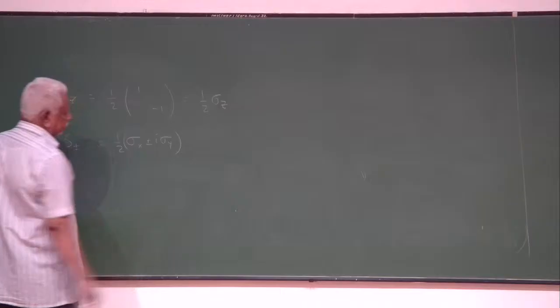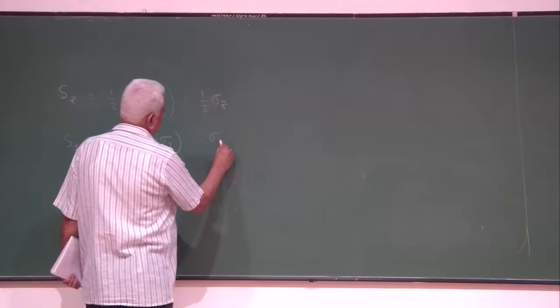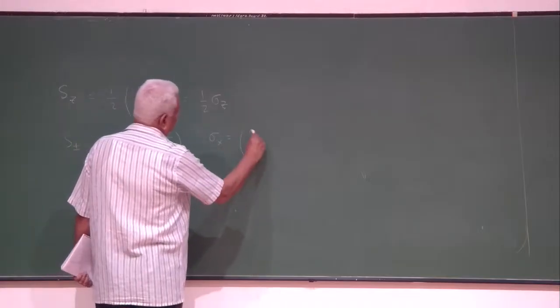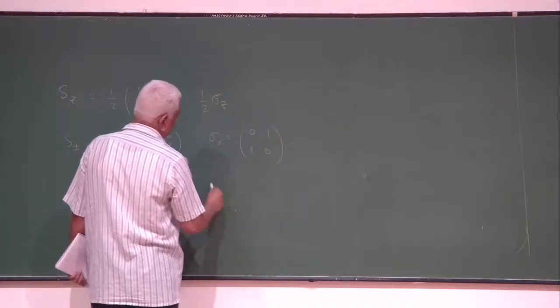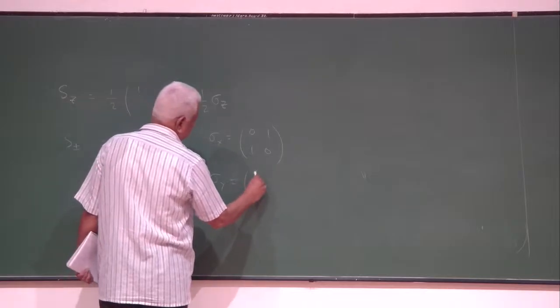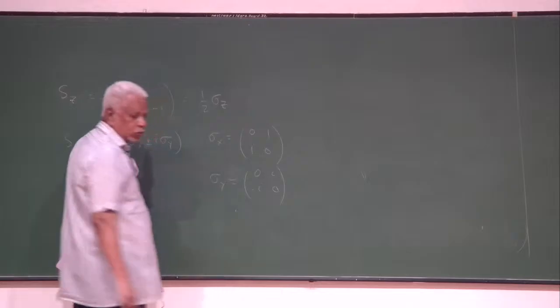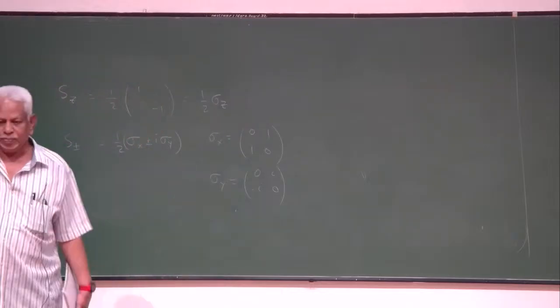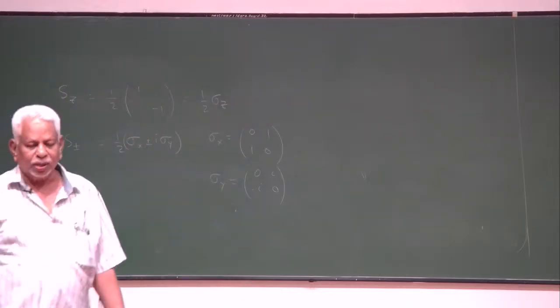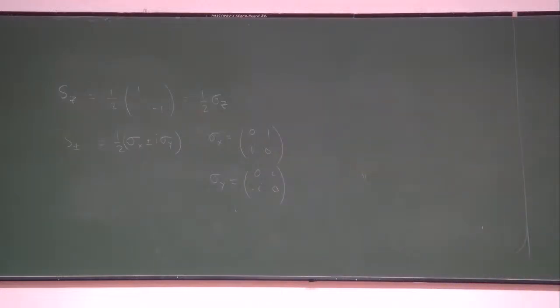Now, what is sigma x and sigma y? Sigma x is going to be 0, 1, 1, 0, and sigma y, if I am right, is going to be 0, minus i, i, 0. There might be a minus i also possible. So, that is what the three matrices, sigma x, sigma y, sigma z, are, which are called Pauli's sigma matrices.